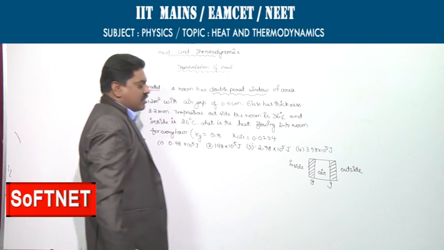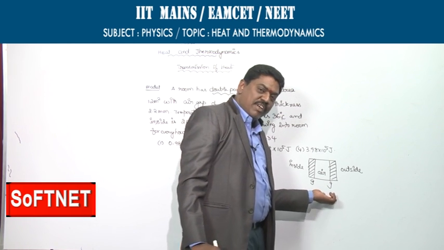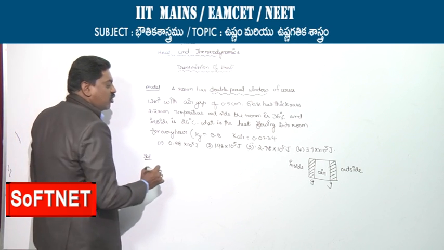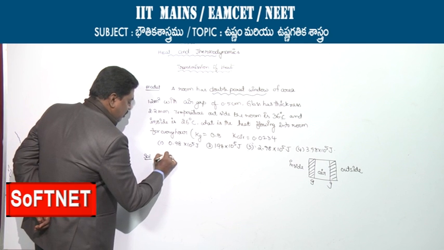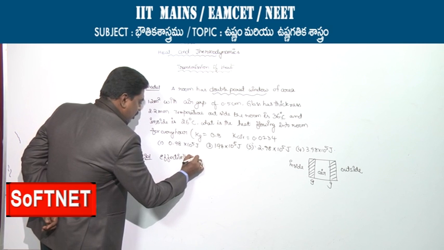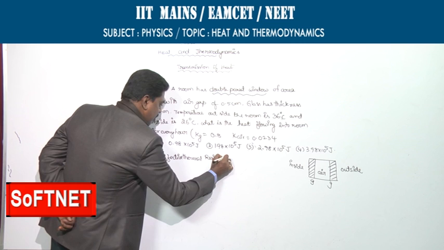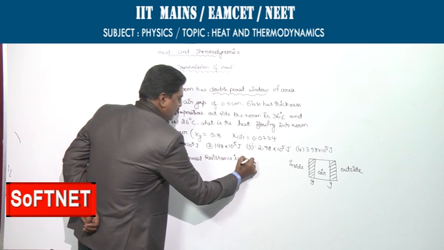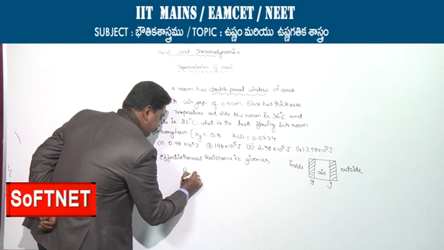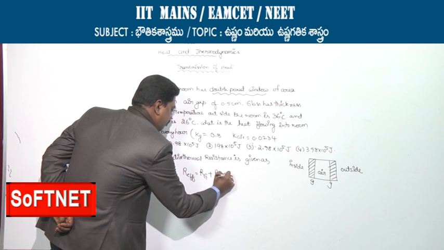It is nothing but the combination of three rods. So the effective thermal resistance is given as R effective equals Rg plus R air plus Rg.